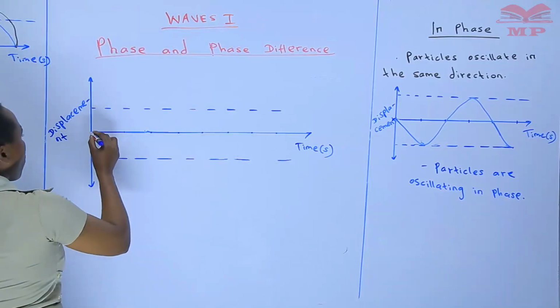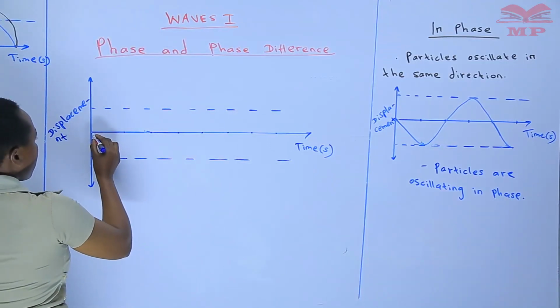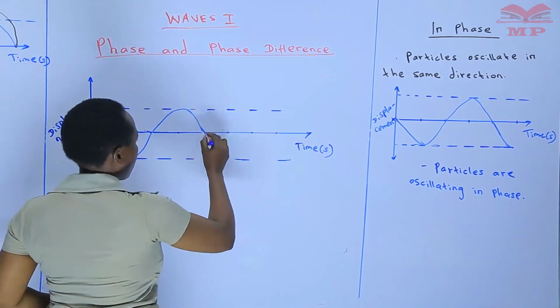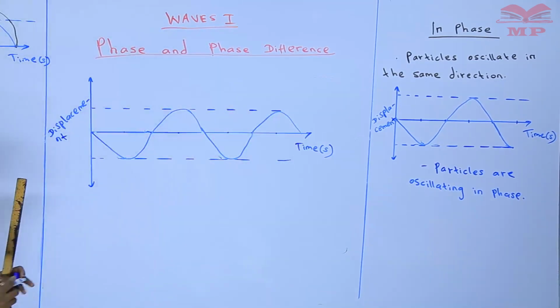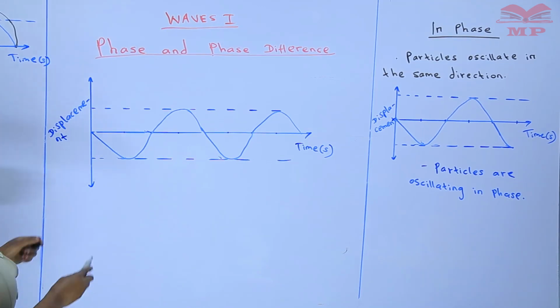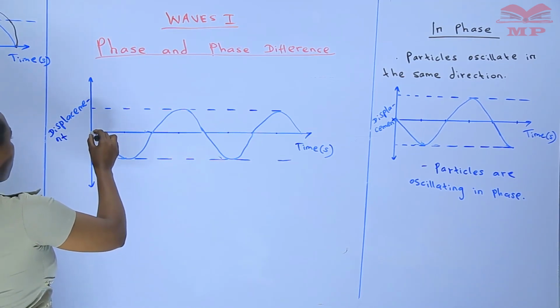If we have our wave, we can start it from this side. If we have such a wave, we can also have another wave which is in phase but of different amplitude.